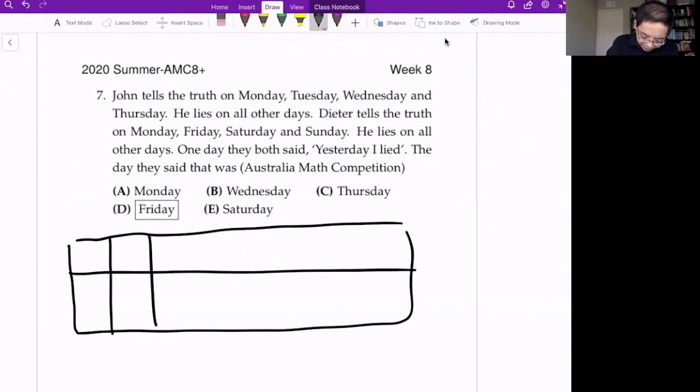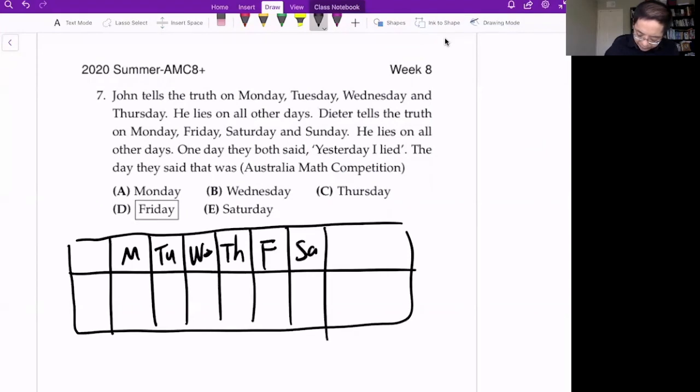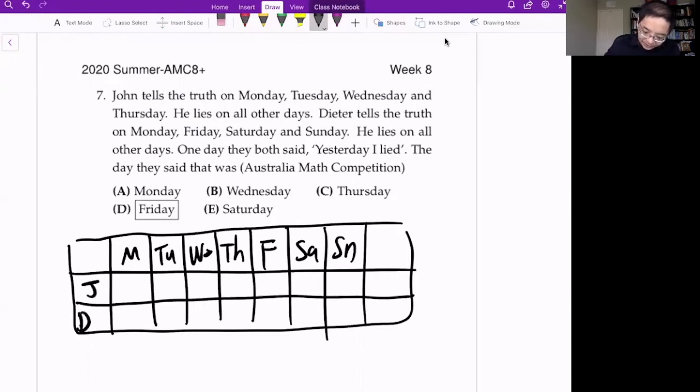So here we have Monday, Tuesday, Wednesday, Thursday, Friday, Saturday, and Sunday. Here we have John and Dieter. Now I'm using this mark to mean telling the truth, and this one means lies.